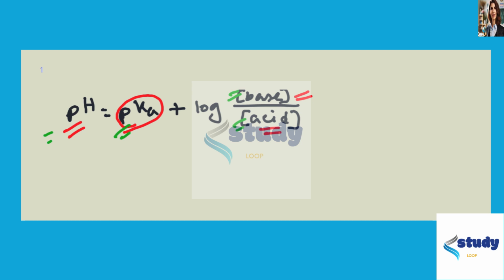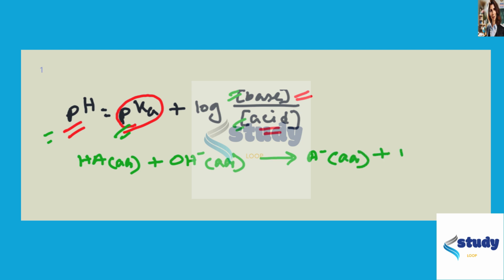To know the concentrations, we have to set up the reaction equation. If we consider the weak acid as HA, and we are reacting it with KOH, that means we are reacting with OH minus ion, and we are producing the conjugate base A minus and water.